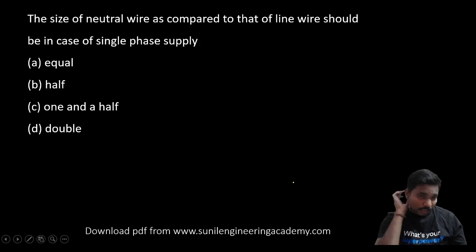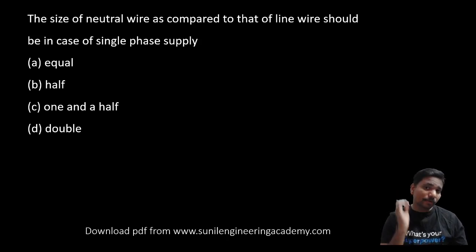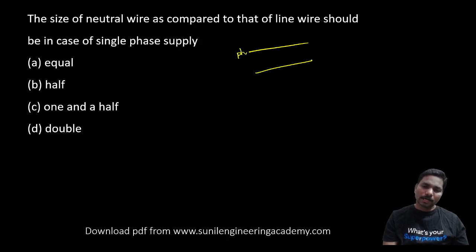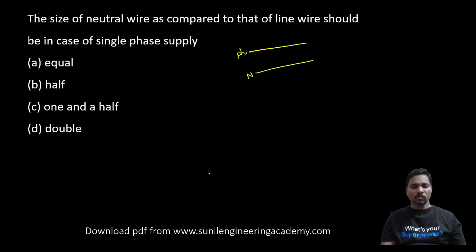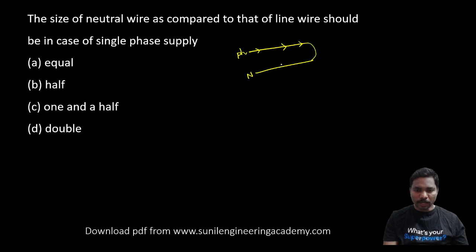Coming to the next question. The size of neutral wire as compared to that of line wire should be, in case of single phase supply. In case of single phase supply, we have the phase and we have the neutral. Whatever supply you are sending will be returned back through the neutral wire.